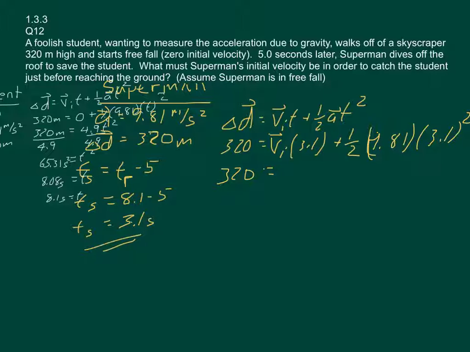320 equals VI times 3.1 plus 4.9 times 3.1 squared, which is 9.61 times 4.9, 47.1.